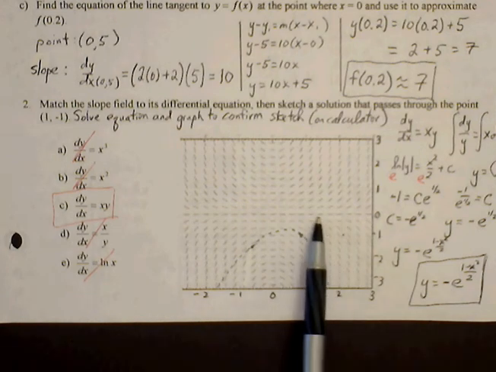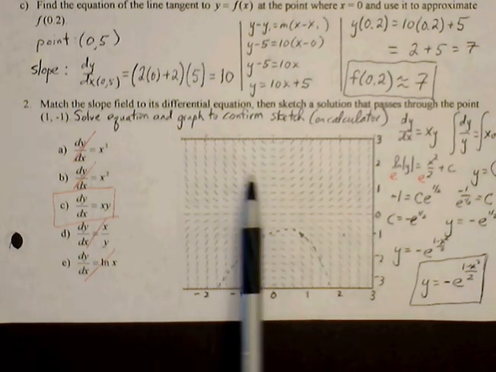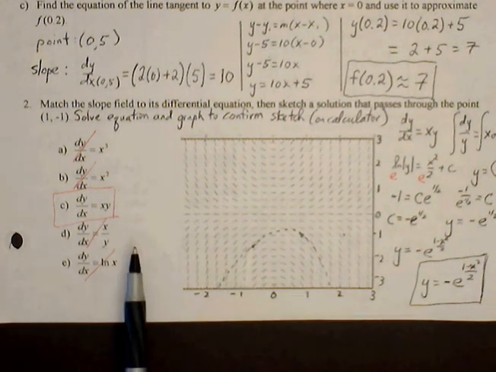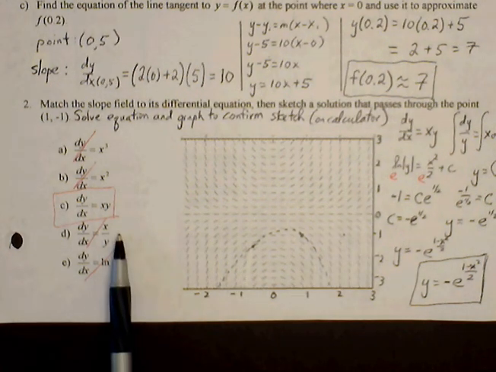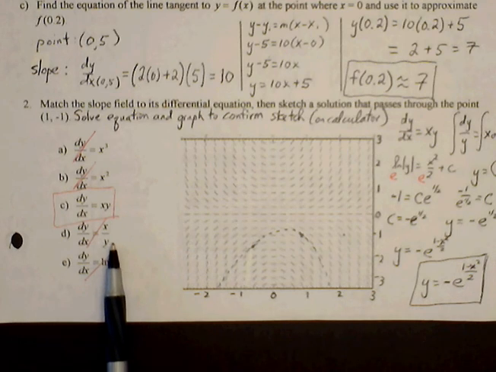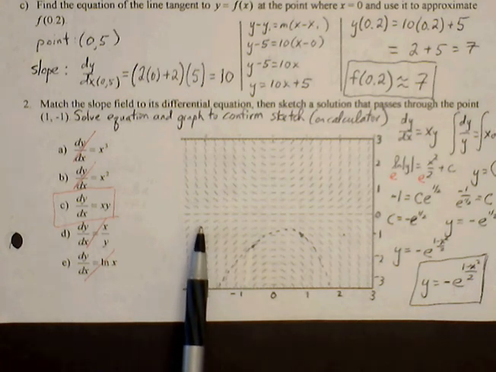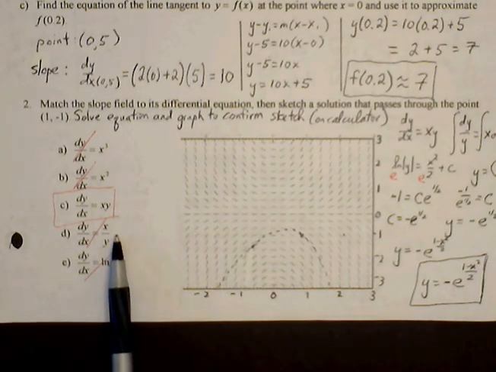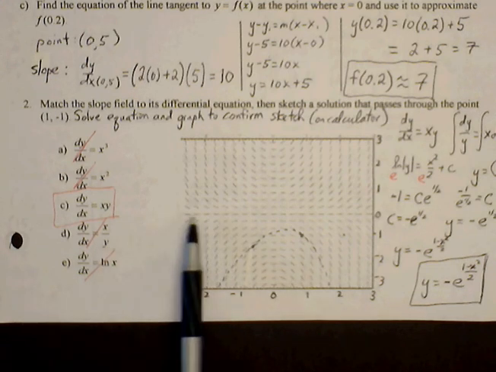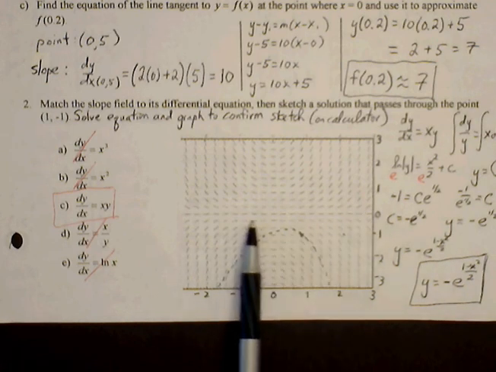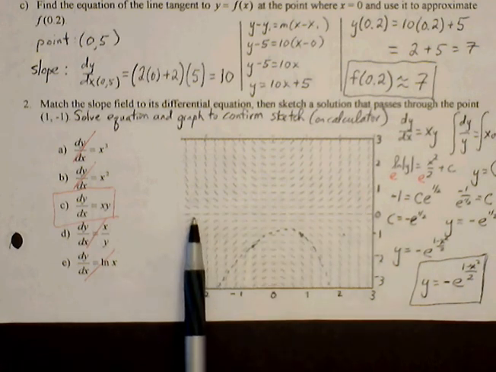The first thing I notice is that a slope exists at all these points. But if you look at option choices D and E, we have a y in the denominator. If this were the differential equation, then we should expect portions of the graph that do not exist where y is equal to 0. Technically there should not be any slopes at these ordered pairs.